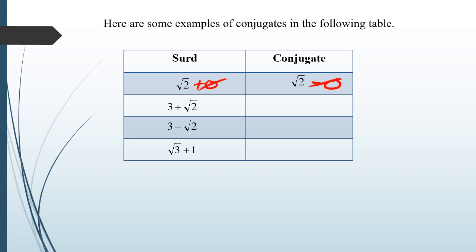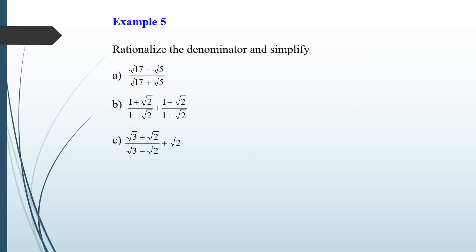And then this one, 3 plus root 2, we can change the sign of one of it, which is 3 minus root 2. For 3 minus root 2 it will be 3 plus root 2. Root 3 plus 1, root 3 minus 1. So it doesn't matter which one we put. We just change the sign on the back, whether it's on the surd or not, it will be okay.